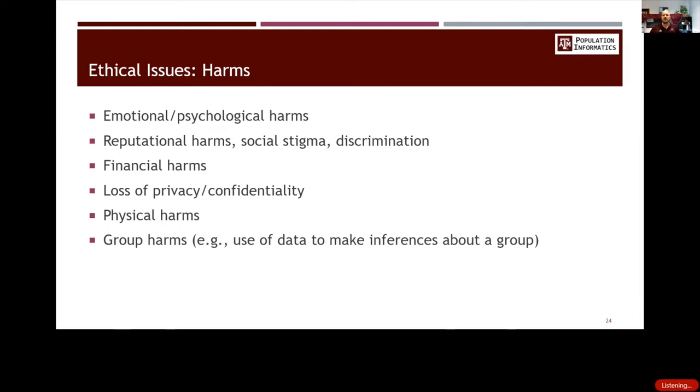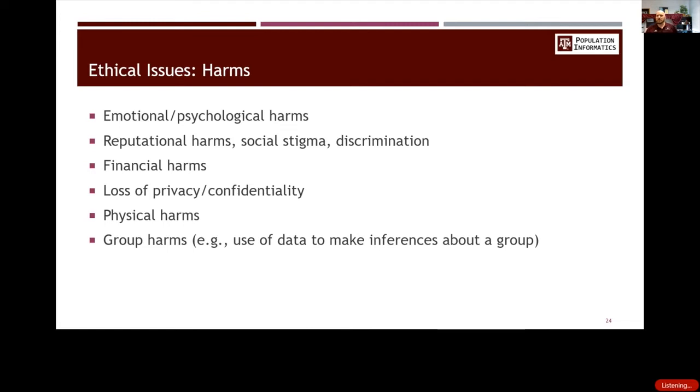attached to it. And individuals can be discriminated against because that data are now out there or used in an inappropriate way. And related to that, if there's discrimination, if there's social stigma, there's reputational harms, there can be very real financial harm associated with that. Beyond just simply the financial impact of this embarrassing information getting out, there could be identity theft, and there could be real malicious financial harm as a result.